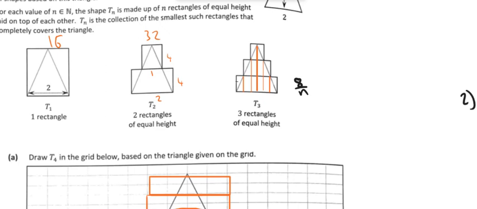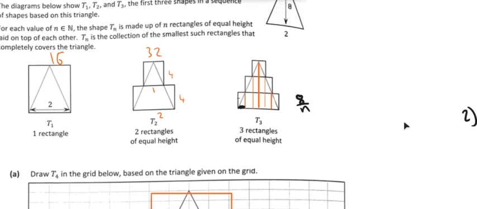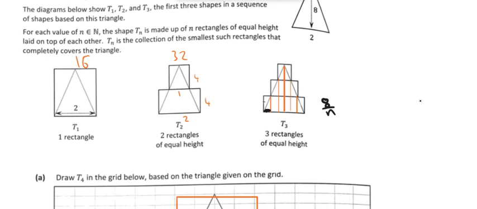So if you think about the width of each of those little rectangles, the whole way across for T3 would be 2, and it's being divided by 6.